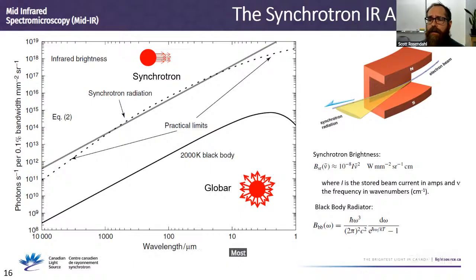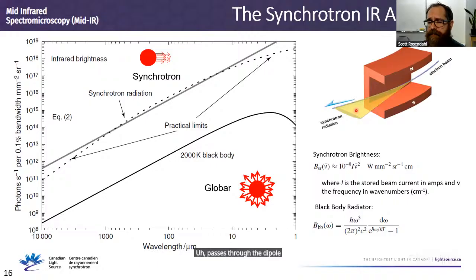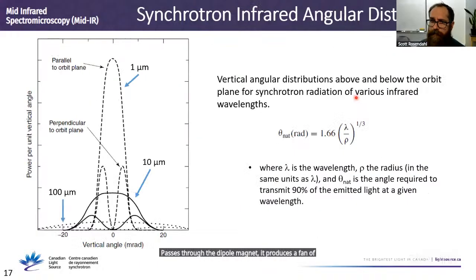Most IR beamlines around the world are basically utilizing dipole magnets or bend magnets within storage ring structures. It's no different here. As the electron beam passes through the dipole magnet, it produces a fan of infrared light. This infrared light has structure based on the wavelength of light.